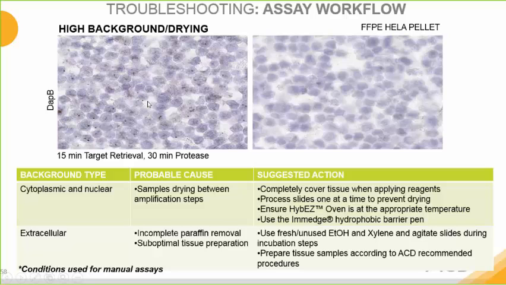The characteristic of this type of staining is shown here on the left, where you get really non-specific background signal with a DapB negative control probe. So just be sure to follow the ACD guidelines for the deparaffinization steps and use a HybEZ oven and the hydrophobic barrier pen.